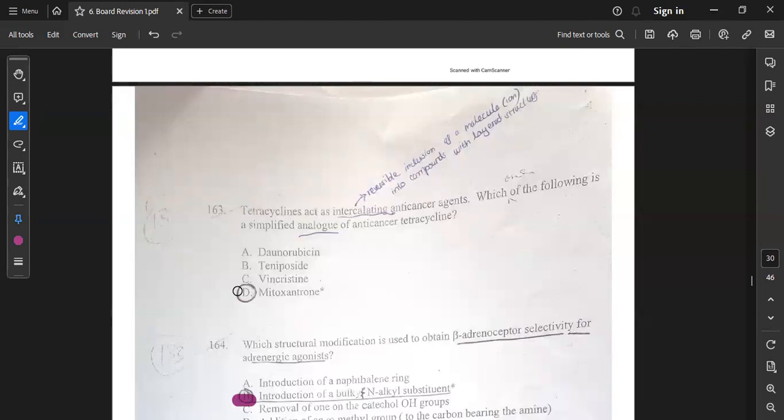Anyone that is cardiotoxic? Okay, keyboard warriors are up.